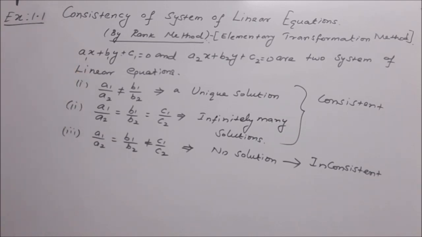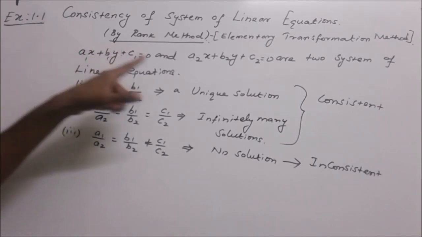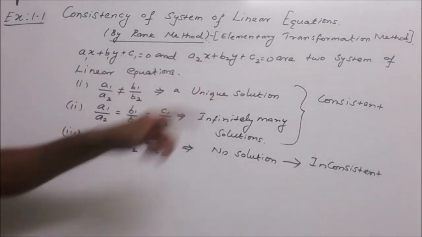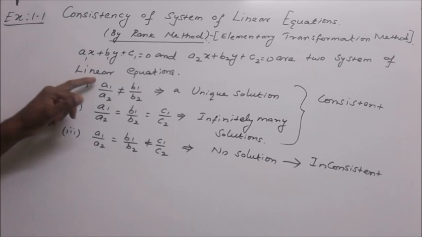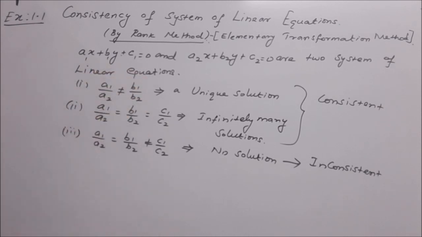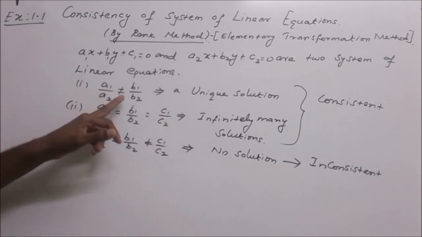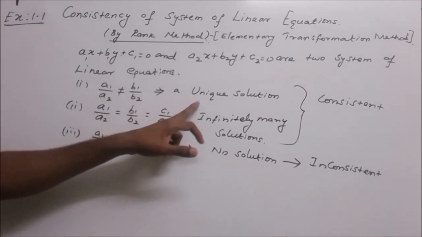First case: a1 by a2 is not equal to b1 by b2. If a1 by a2 is not equal to b1 by b2, these two equations have a unique solution.